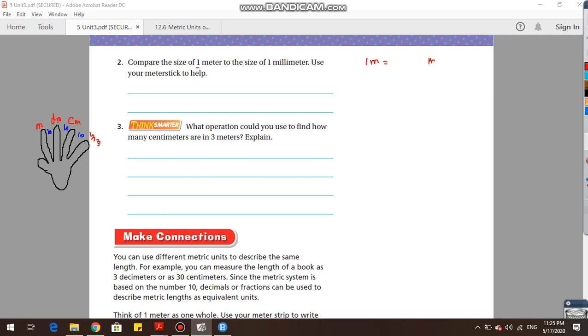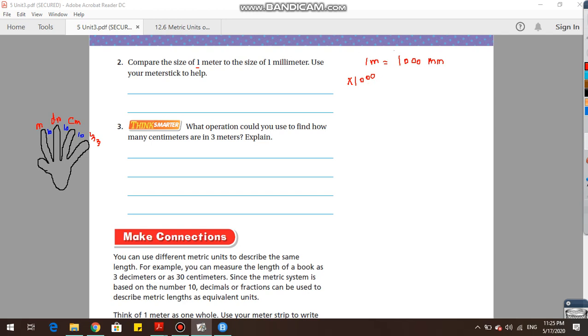Now, he wants me to compare 1 meter and 1 millimeter. Between meter and millimeter, I have how many gaps? I have 1, 2, 3. So I have 3 zeros. So let's write 3 zeros and 1. So I'm gonna multiply 1 times 1,000. It will give me 1,000. Now, who can tell me what it means?